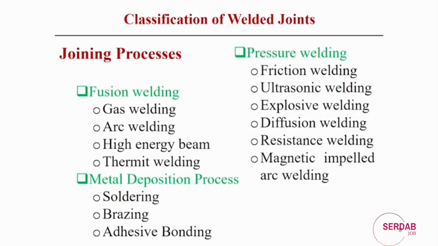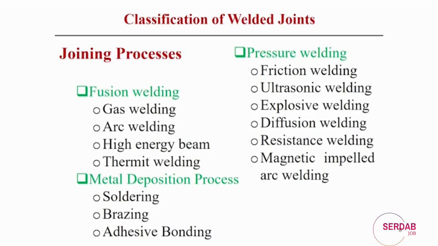If we look at what types of welding process are included in fusion welding: gas welding, arc welding, high beam energy welding and thermite welding. In all these cases we apply the heat source intensity in such a way that it tries to melt the base material, and then after solidification the permanent joint is made.